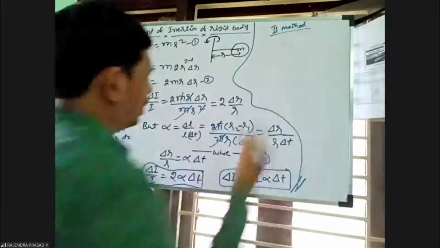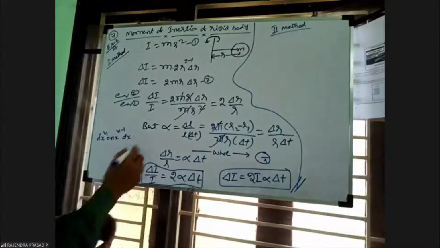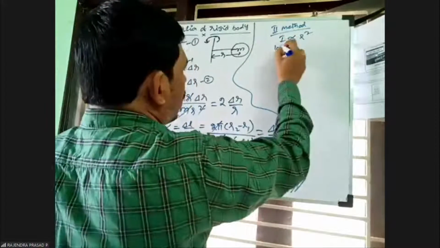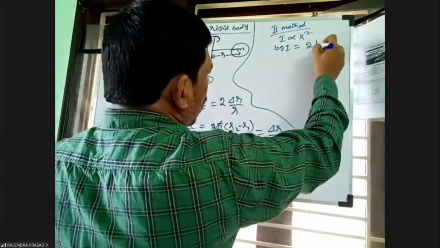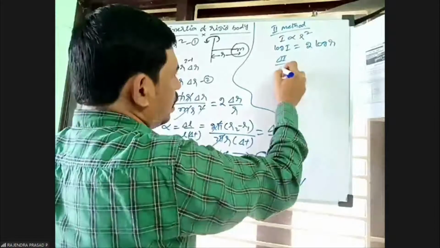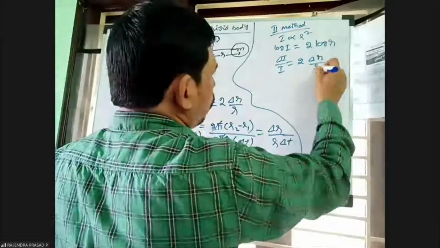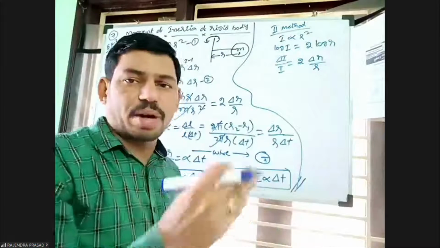The second method: m cancels, so I is proportional to R square. Take log on both sides. Log I is equal to 2 log R. So what is delta I? Delta I by I equals 2 into delta R by R, using the formula for log x, 1 by x into dx.